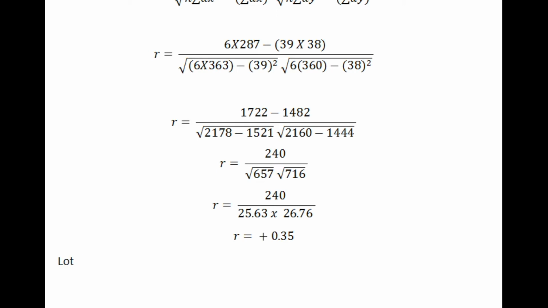So it is a low degree positive correlation, because the answer is positive here, between x and y.